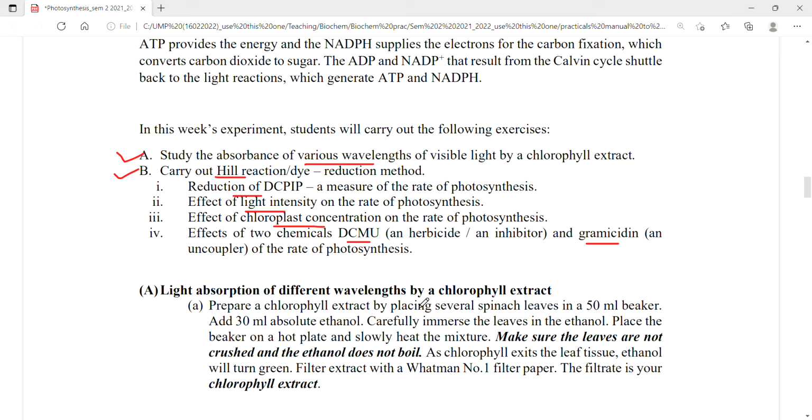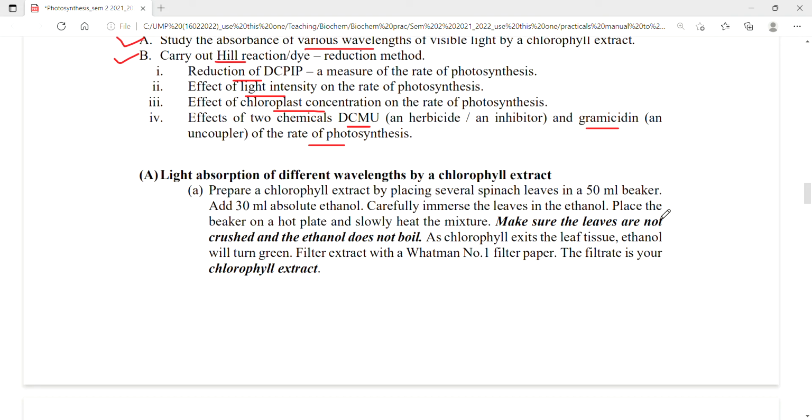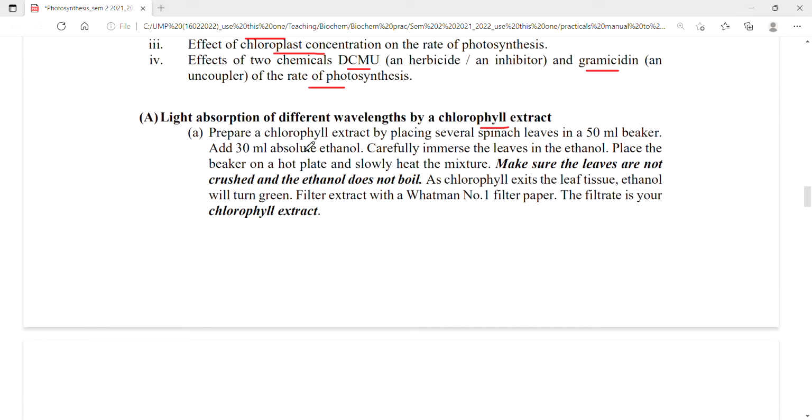Then gramicidin as an uncoupler basically creates a gap in the electron transfer, and what happens after that to the rate of photosynthesis. So please identify this using the hypothetical results that I will provide to you, since you cannot come to the laboratory. Okay, so let's start the chlorophyll extract experiment, where we need to prepare the chlorophyll extract.